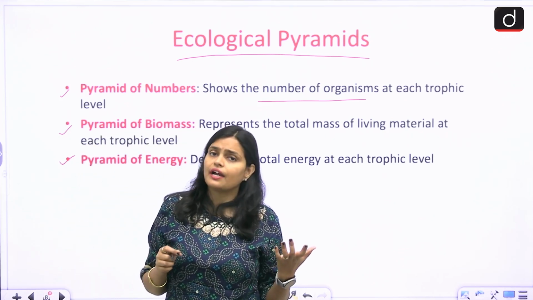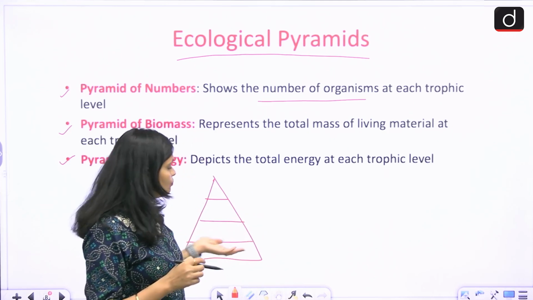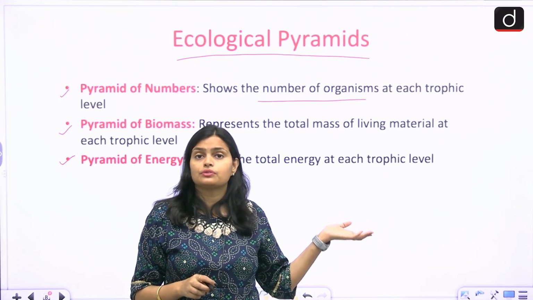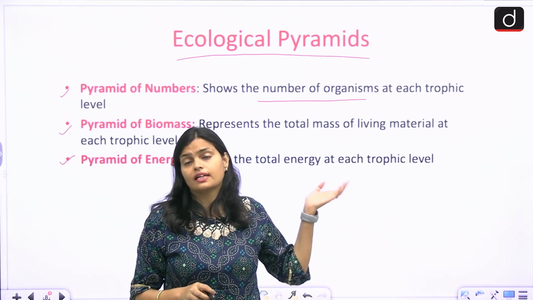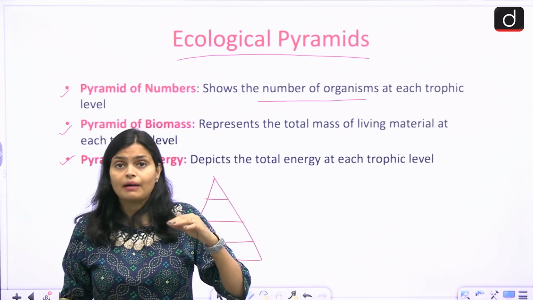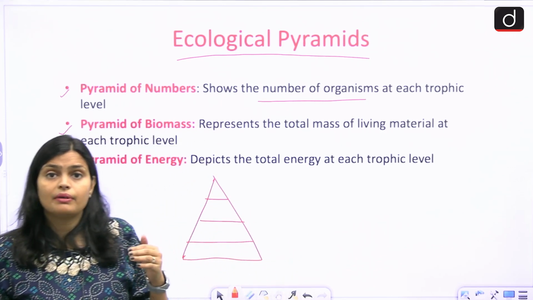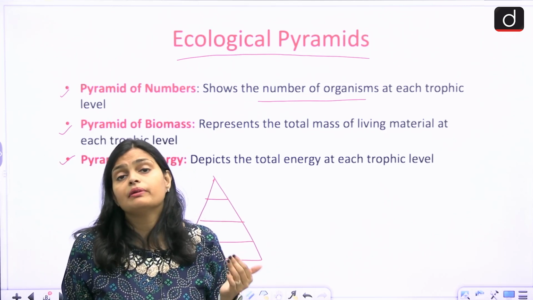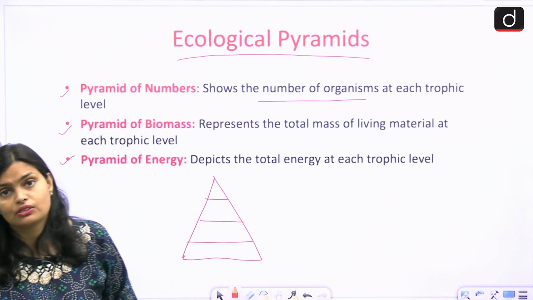So they have a higher biomass. Then above them come primary producers, primary consumers, then secondary, then tertiary. So if the pyramid is formed according to the biomass of organisms, that pyramid is called a pyramid of biomass.